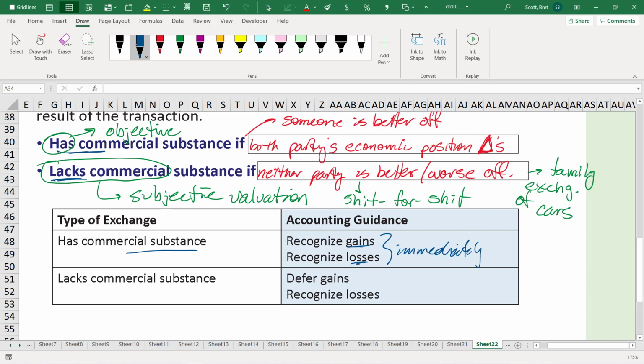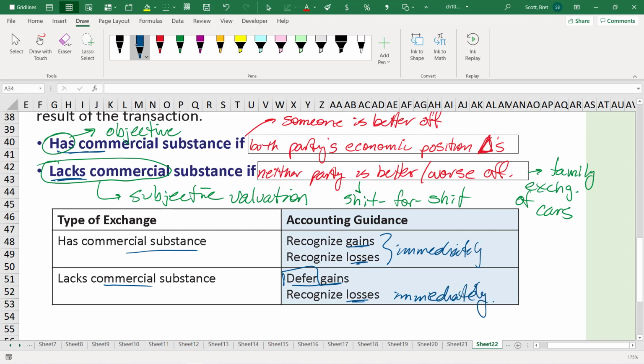But if I'm dealing with a transaction with my brother that lacks commercial substance, if somehow I'm better off, I have a gain in this case, I must defer it. Don't recognize immediately. However, if I do recognize a loss in my exchange with my brother, then in that case, I will recognize a loss immediately.